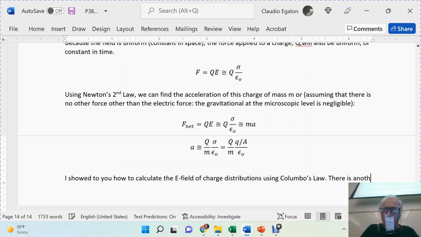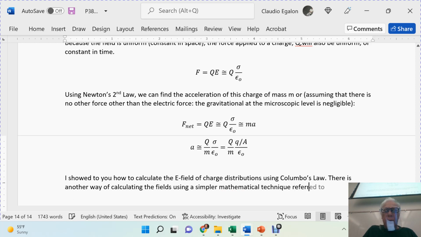There is another way of calculating the field using a simpler mathematical technique, a technique referred to as Gauss's law.